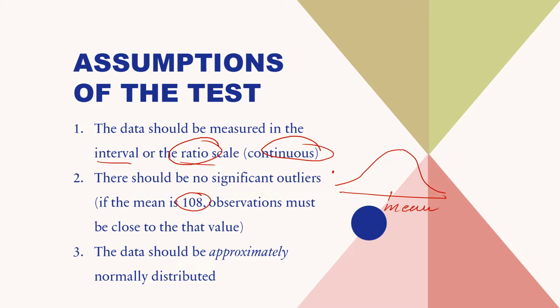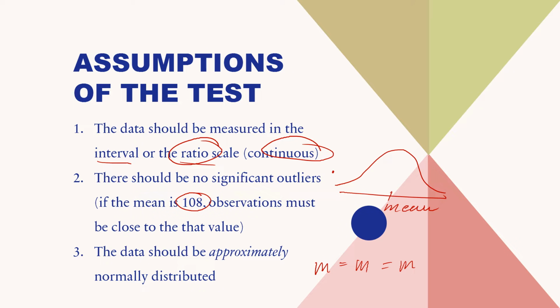Number three, the data should be approximately normally distributed. Now we do have statistical tests for normal distribution, but for this, I would just like to mention that to approximate the normal distribution of a certain data set, all you have to do is make sure that the mean, median, and mode are approximately equal to each other.